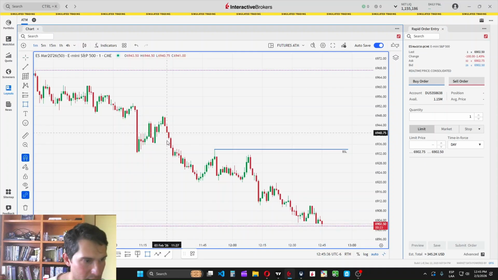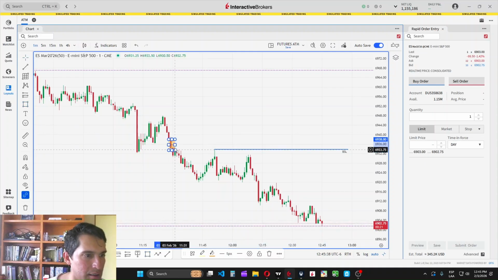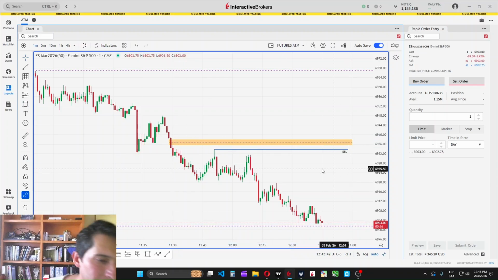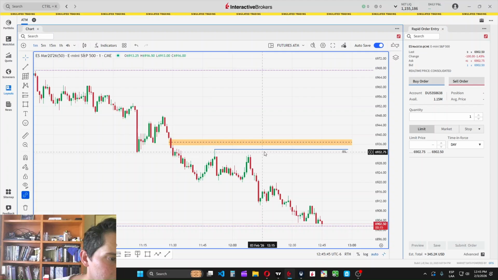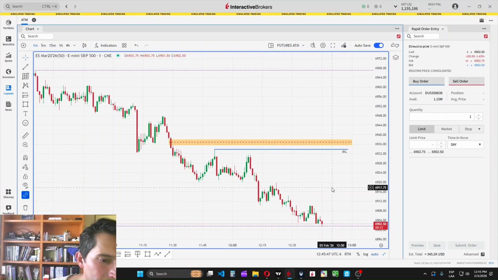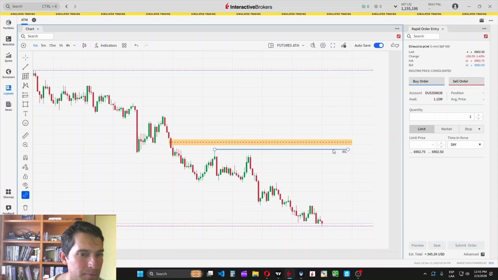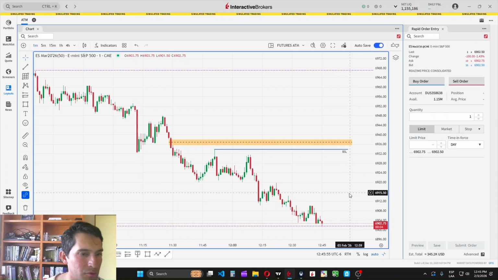I'm gonna mark that the first target could be here. It doesn't mean that my target in a trade will be here, because I'm targeting always 1 to 1. But I expect the price to go to these levels right here. Okay, so let's wait for the setup to appear and let's see what happens.